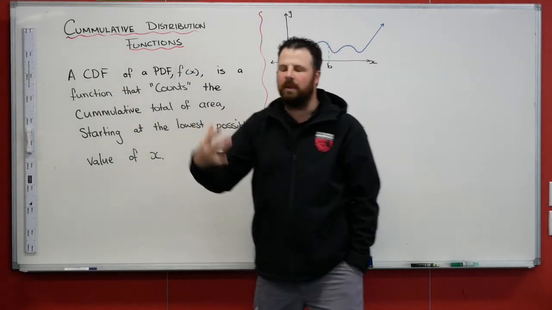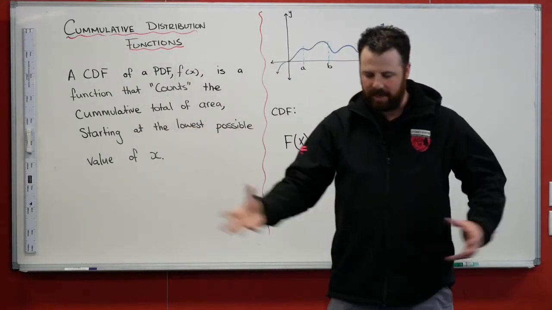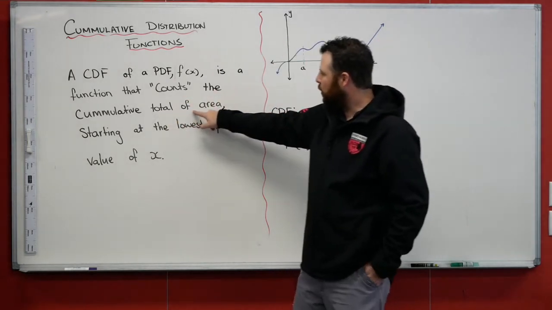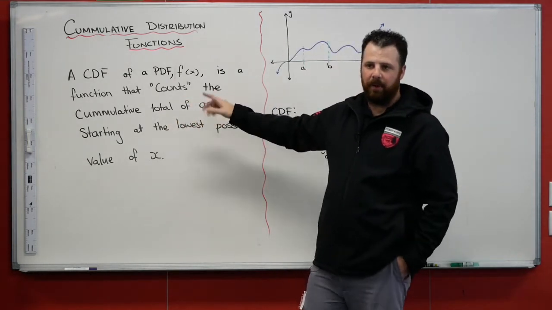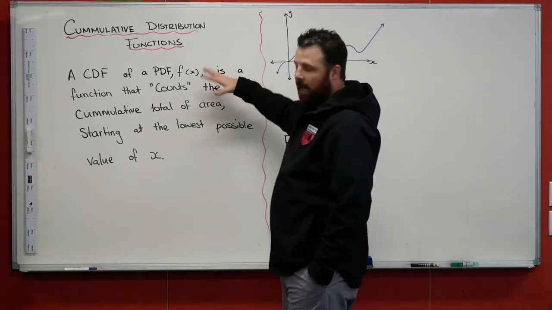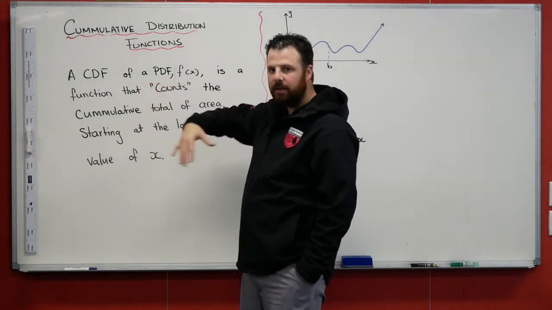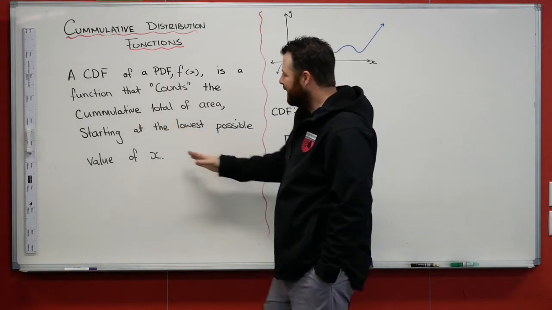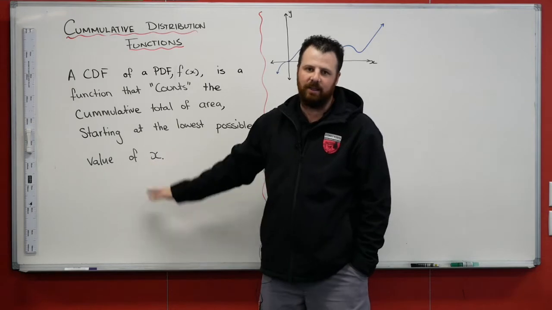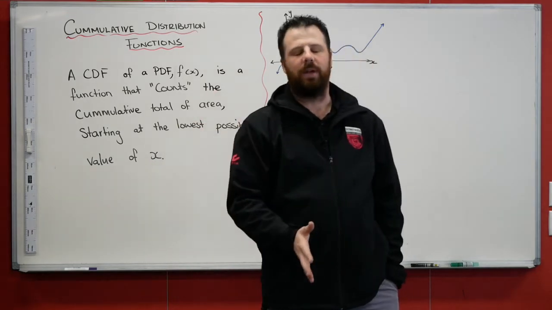That word cumulative means to gather up, collect all of them together. So it counts the total of the area under a PDF, under the probability density function, starting at the lowest possible value of x, starting at that lower end of our bound.